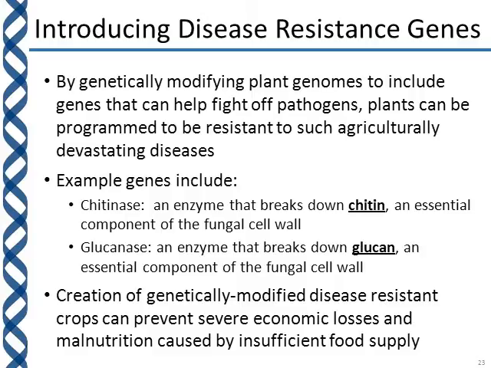By genetically modifying plant genomes to include genes that can help fight off pathogens, plants can be reprogrammed to be resistant to such agriculturally devastating diseases.